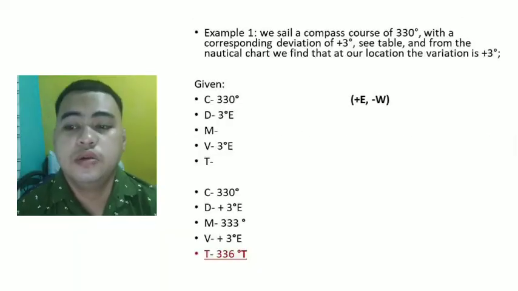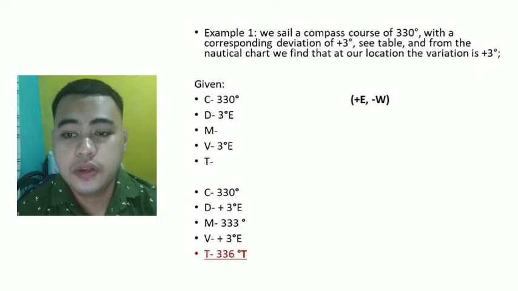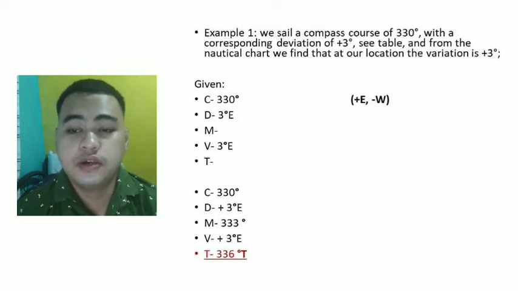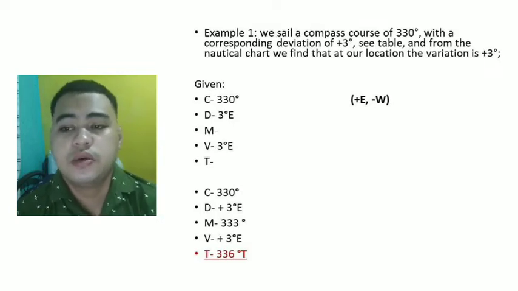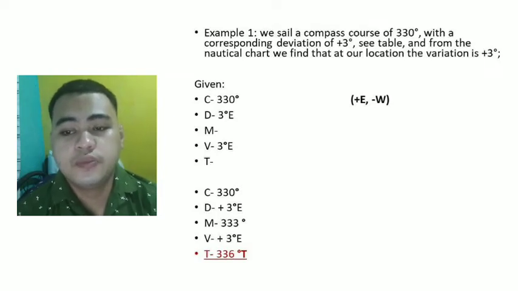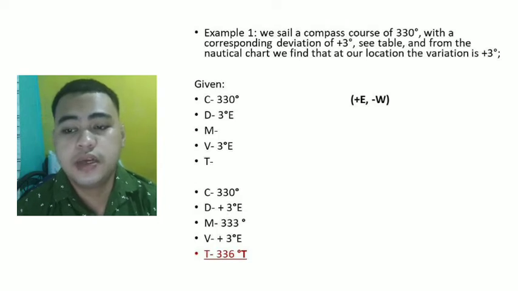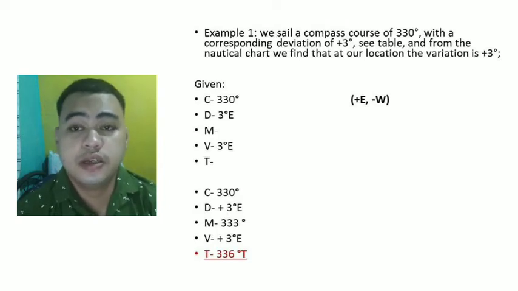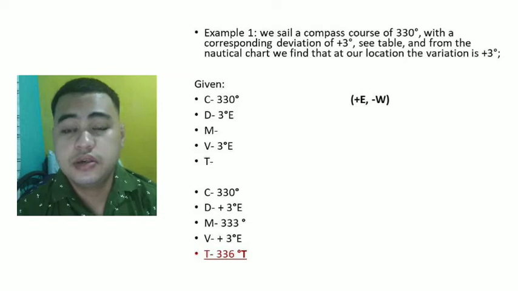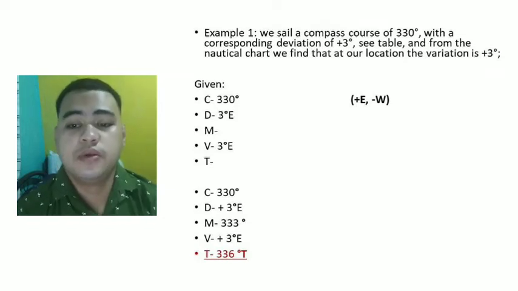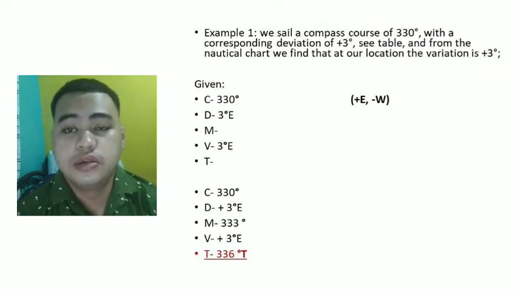Here is an example on how to find true course when you have a compass course, deviation, and variation. Example, we sail a compass course of 333 degrees with a corresponding deviation of plus 3 degrees, see table, and from the nautical chart, we find that at our location the variation is plus 3 degrees. So we have a given of compass course, deviation, and variation. All you have to do is follow the format CDMVT.